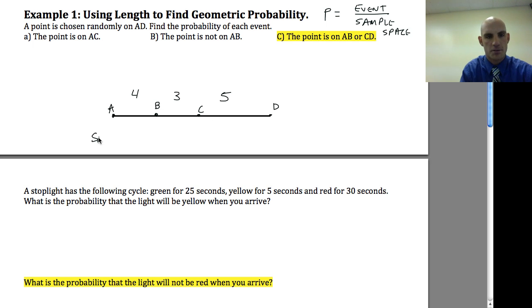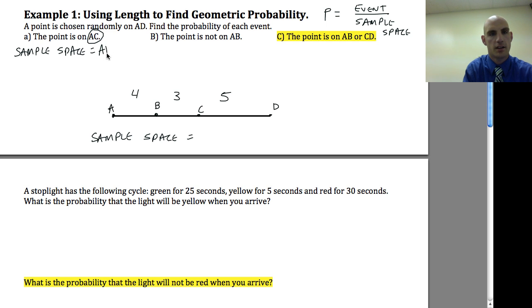And in this case, my sample space equals AD, because notice I'm on AD. So my sample space is AD, which is equal to 4 plus 3 plus 5, which is 7 plus 5 is 12. So my sample space is 12. So my probability is something over 12.